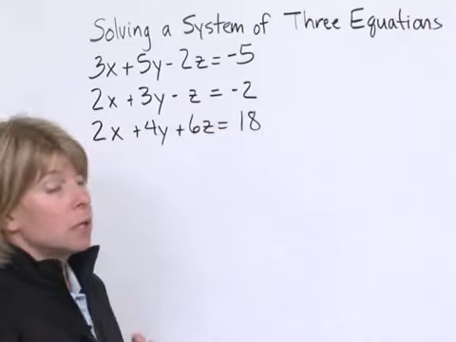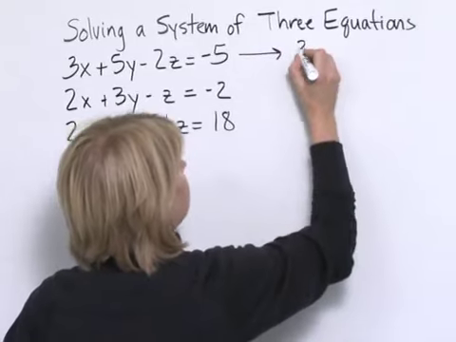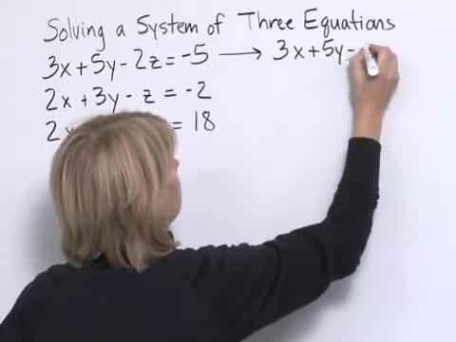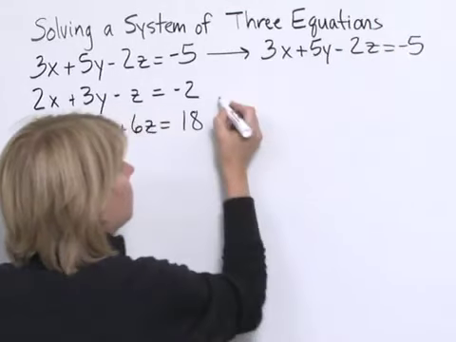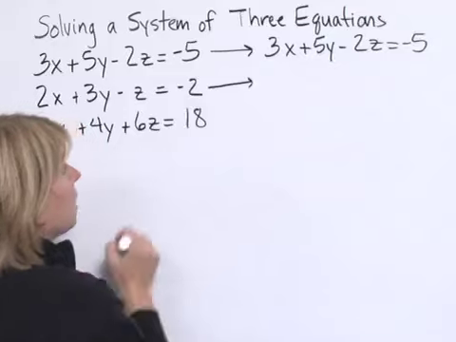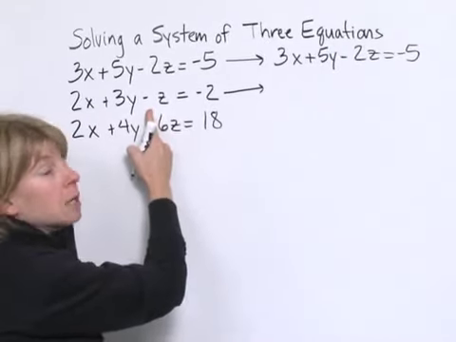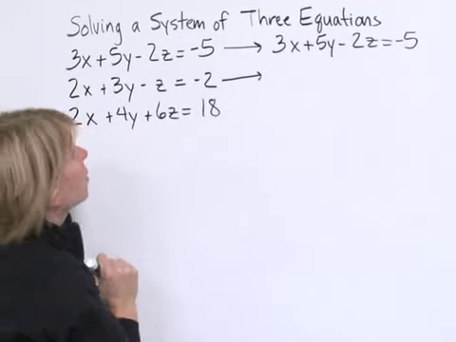So I'm going to leave the first equation alone and just rewrite it. And with the second equation, I'll multiply through by -2, giving us a +2 here, which will give us an opposite coefficient as in our first equation.